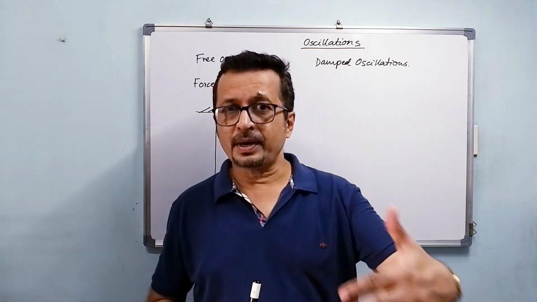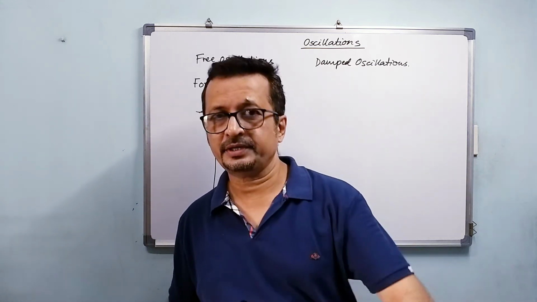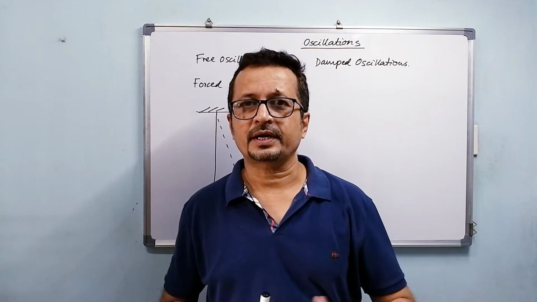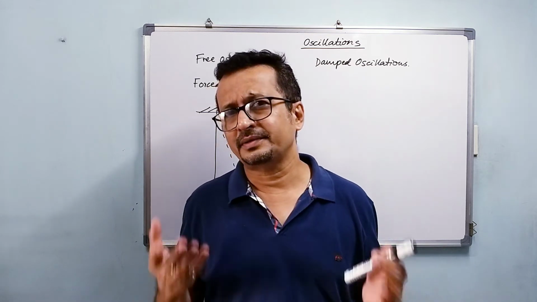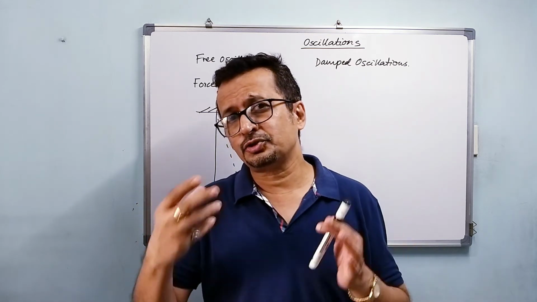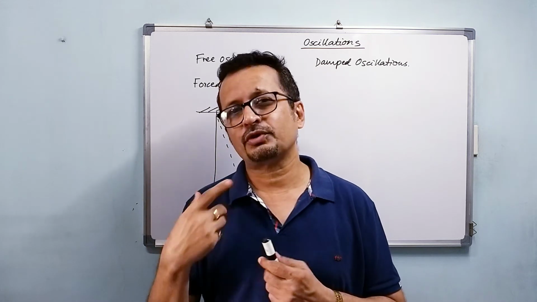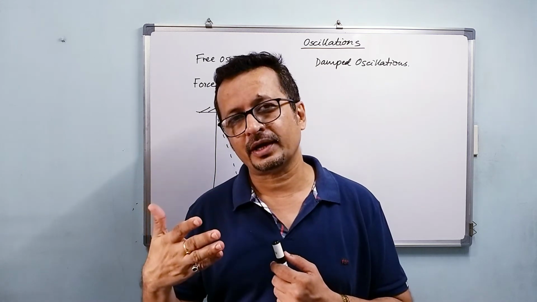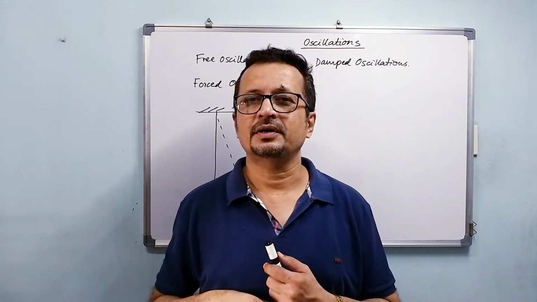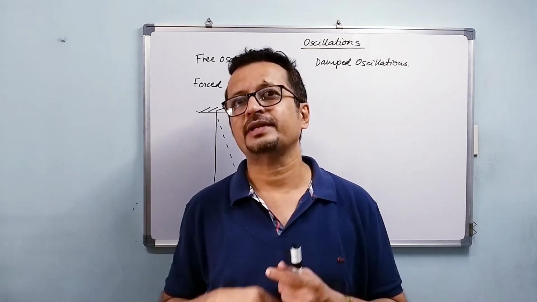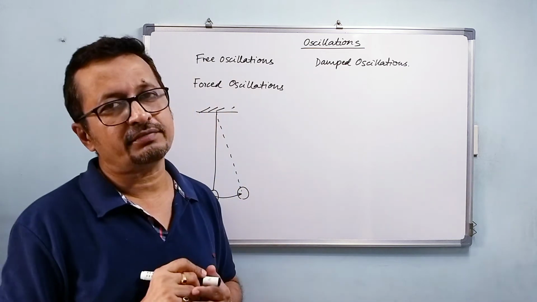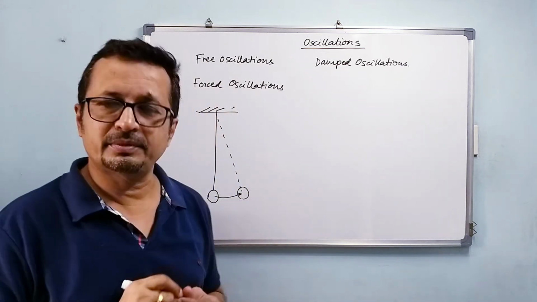Maybe some part of my bike, maybe the fender on the front side, might have some natural frequency. If some screw fitting is loose over there, then what would happen? It would tend to vibrate, so it will have a certain natural frequency. So natural frequency is the frequency of free vibrations.